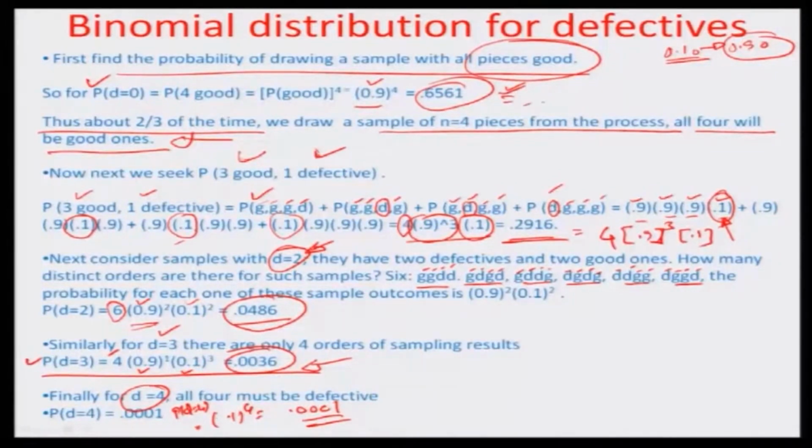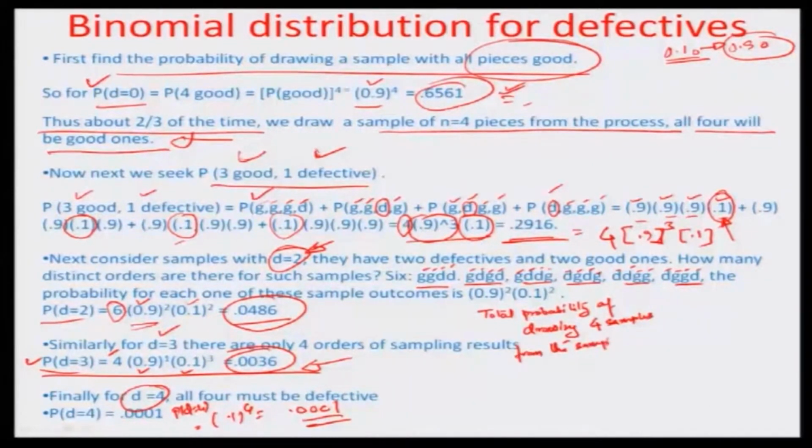So, if we summarize all these data points together, the probability of having either 0 defectives, or 3 good and 1 defective, and also 2 good and 2 defectives, or 3 defectives in the 4 draws, or all 4 as defectives, the summation will also represent the total probability of drawing four samples from the population of size n.